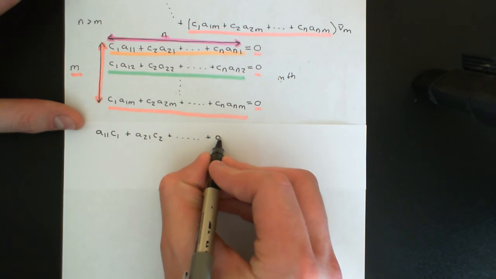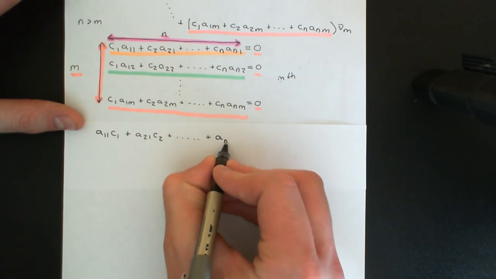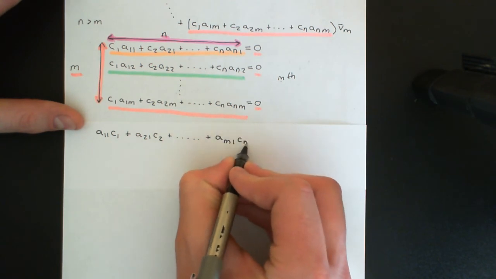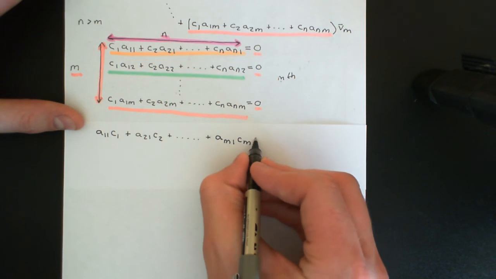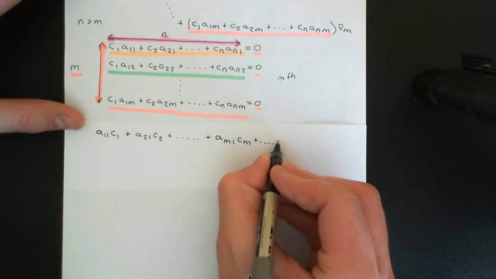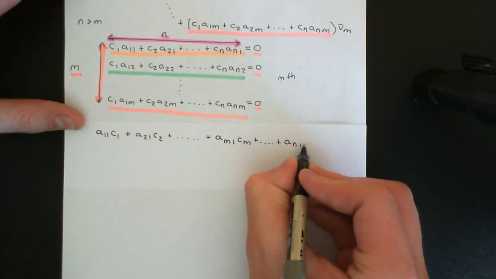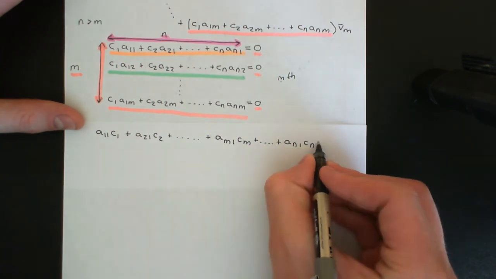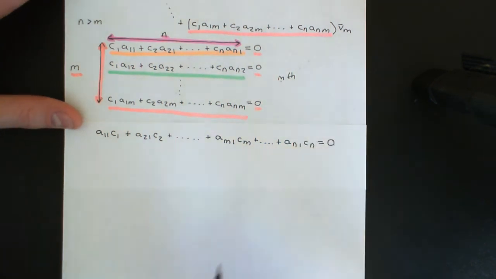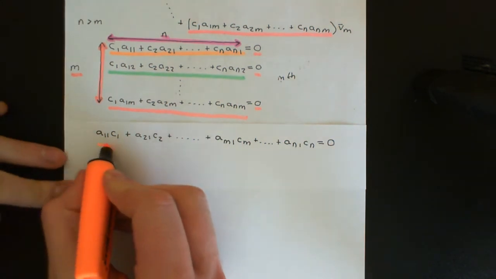So now what we're going to have is am1 cm, and you will see why I want that to actually be displayed. And then we'll go plus dot dot dot all the way up to the final one, which is an1 cn, like so. And I want this to equal 0. So that is just the orange equation rewritten, in a way that's going to be more useful to me.